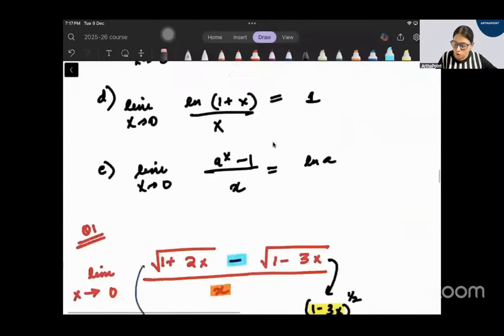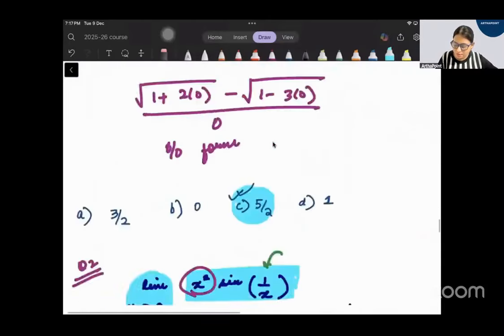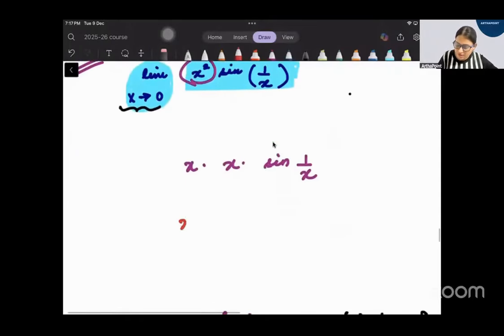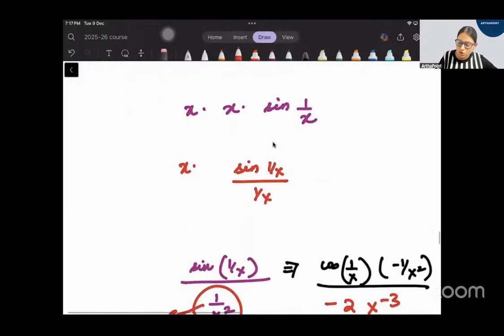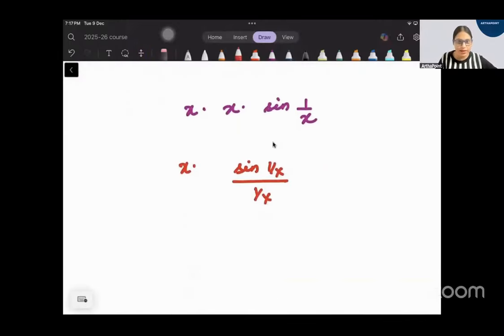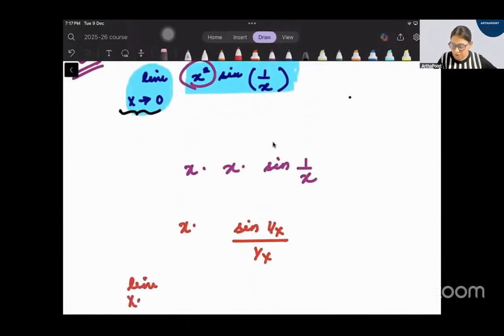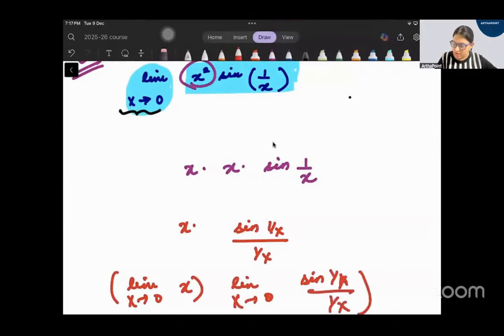So you could have very well used that property also. You could have done this as x sine 1 by x by 1 by x. And then you could have said that since we are applying limit on a product, it is the limit of individual terms. So limit x tends to 0 of x and limit x tends to 0 of sine 1 by x into 1 by x.